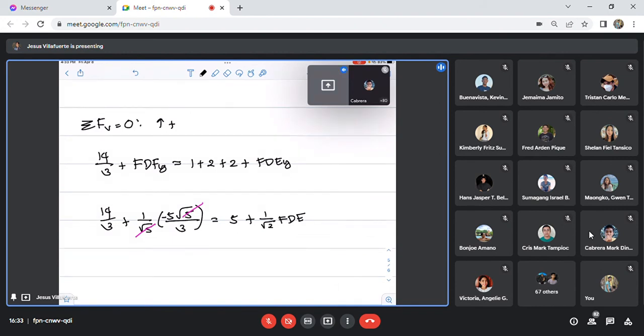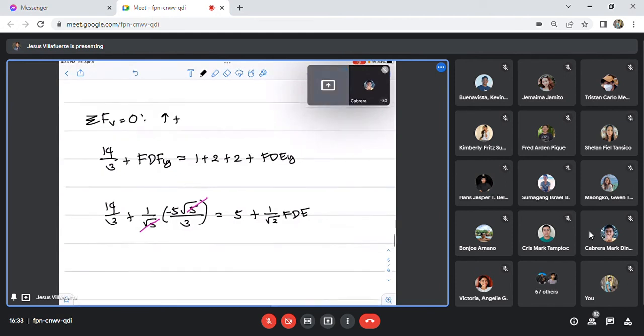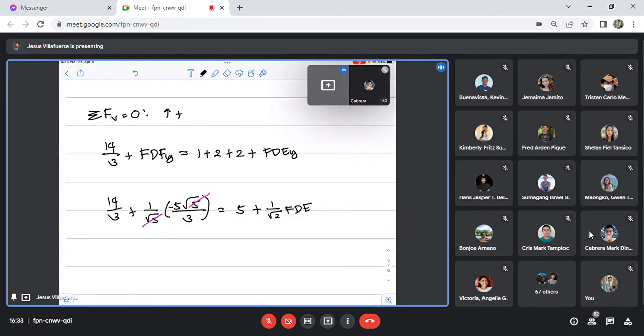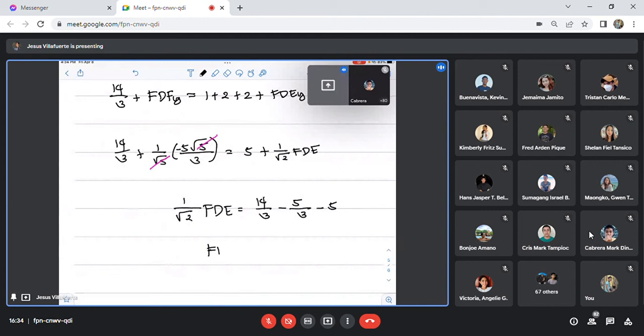14/3 minus 5/3. Ato sa lang isulat. So 1 over the square root of 2 FDE is equals to 14/3 minus 5/3 minus 5. So FDE is equals to pila ni class? 14/3 minus 5/3 minus 5.